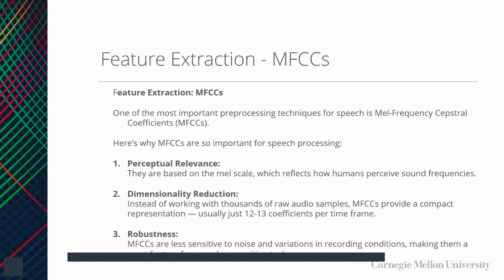The Mel scale mimics how humans perceive sound. And also, it performs dimensionality reduction, so we end up with only 12 to 13 coefficients per time frame. And MFCCs are less sensitive to noise or variations in the recording conditions.